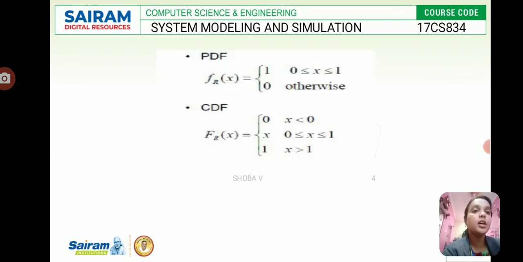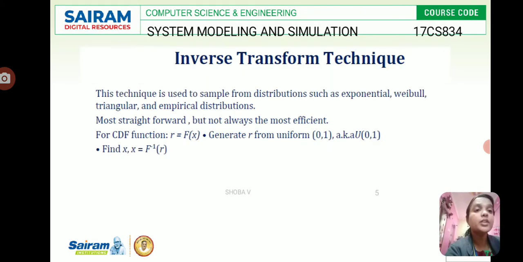This is the probability density function and the cumulative distribution function. It may vary depending upon the parameters we discussed. The inverse transform technique is used to sample from distributions like exponential, Weibull, triangular, and empirical distributions.